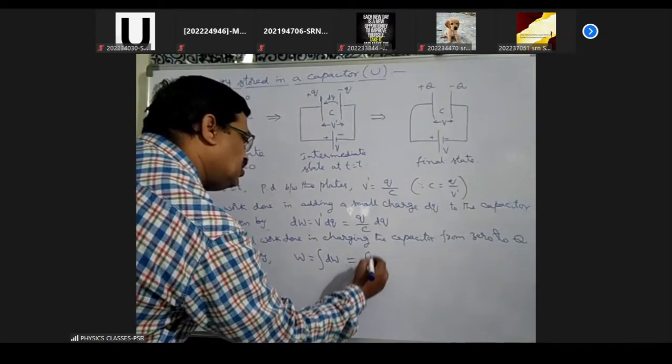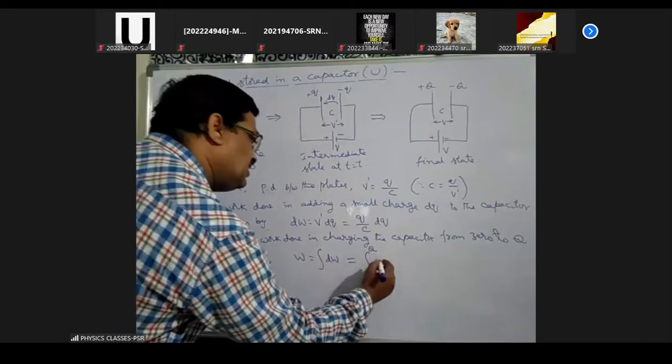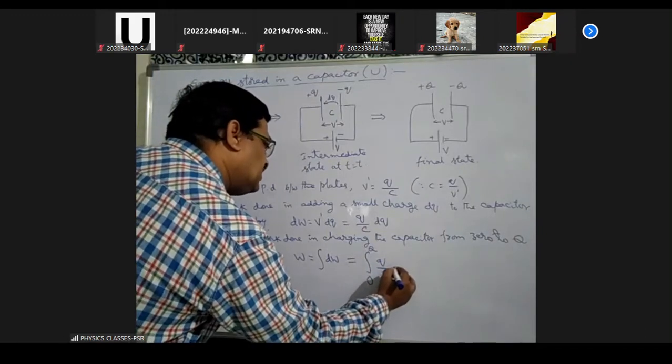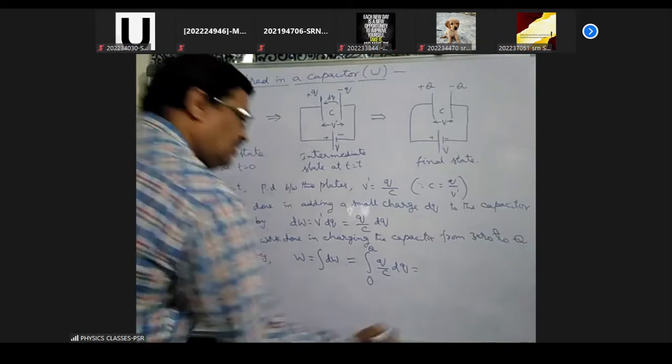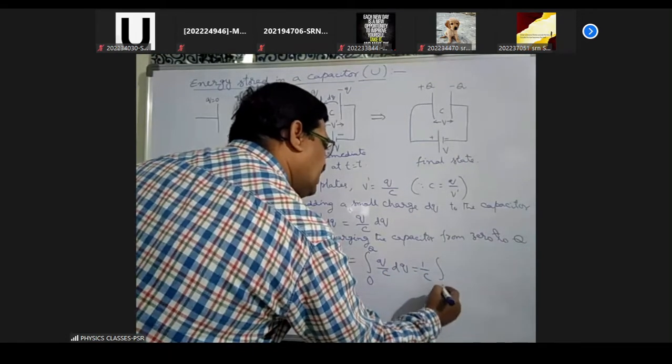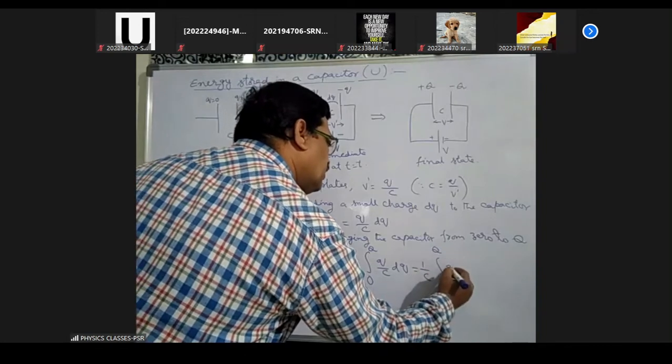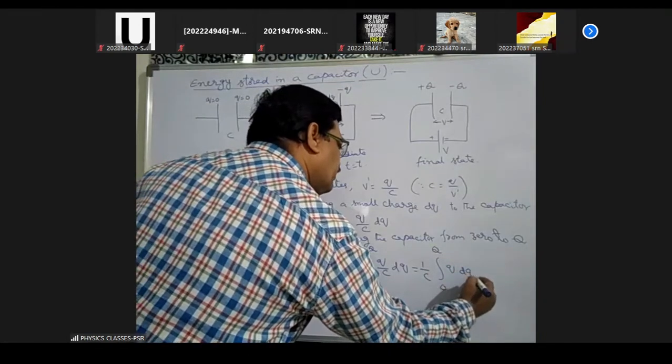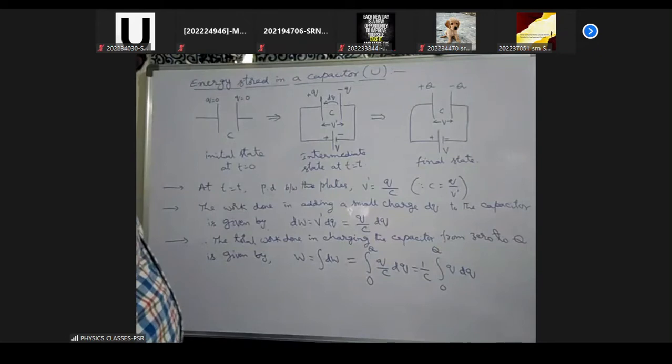Integral 0 to Q, dW is Q by C dQ. Very good. Here C is constant, taken out, and integral 0 to Q, q dQ.